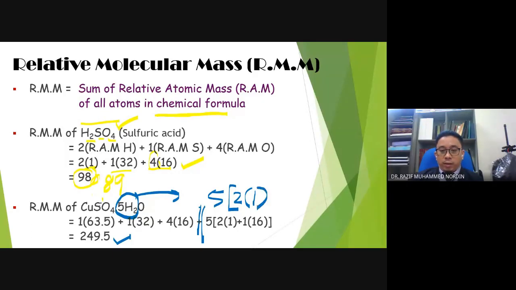So 2 ni relative atomic mass for hydrogen, to 16. When you do this kind of simple mistake, it changes the number over here. Big change, very very big change. Okay. So berhati-hati. Buatlah exercise. Jadi you kena sentiasa buat exercise ya.